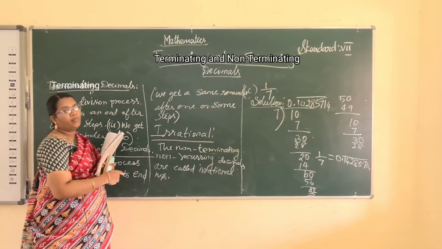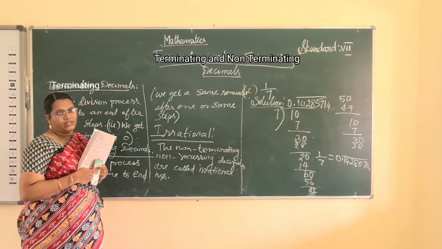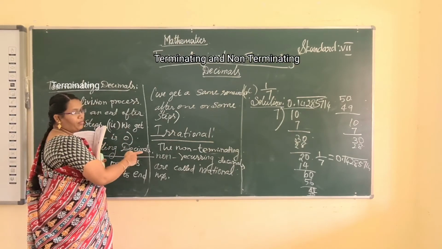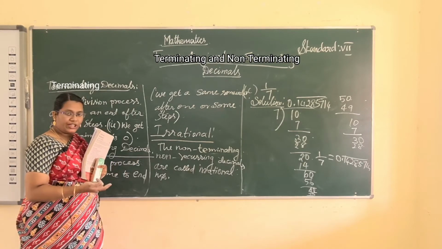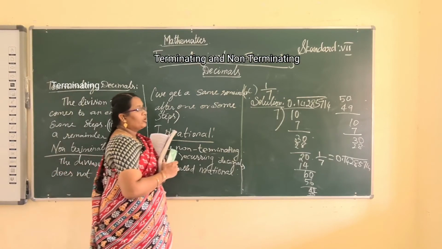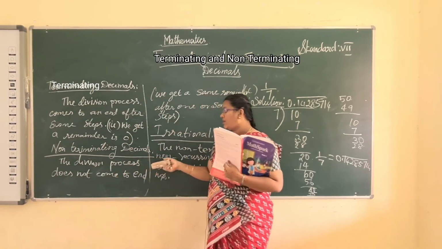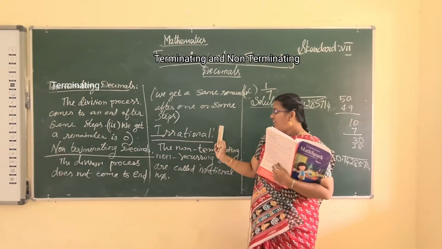This kind of number cannot be changed to a rational number. Such a type of number we are not able to change into rational numbers. I hope you have understood the concept of terminating decimal numbers, non-terminating decimal numbers and irrational numbers.